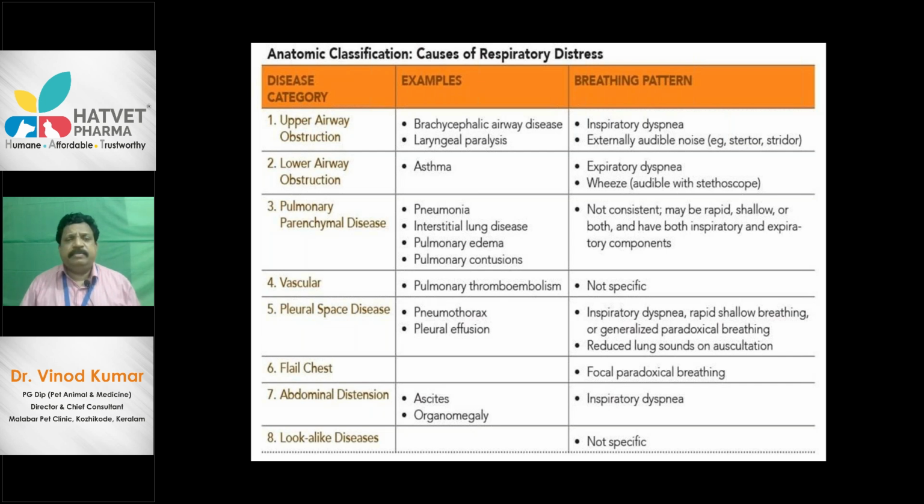Expiratory dyspnea will not be there, quite natural, but there will be severe inspiratory dyspnea because the lung cannot expand due to the severe organomegaly inside the abdominal cavity, or maybe due to severe ascites. This is quite natural, we used to see it.